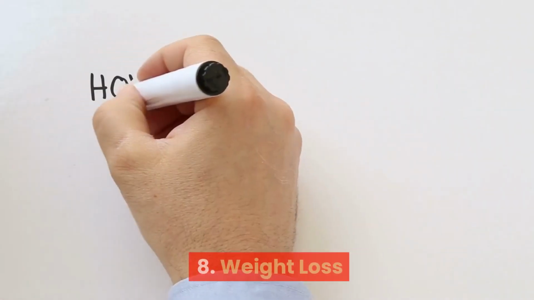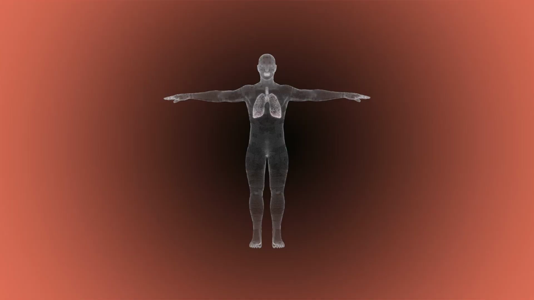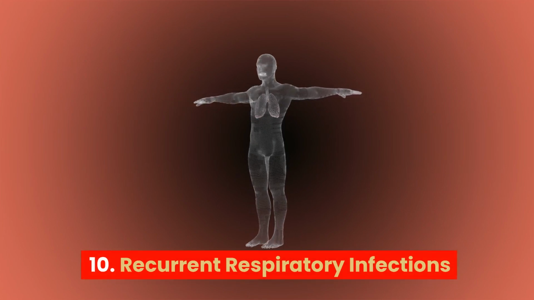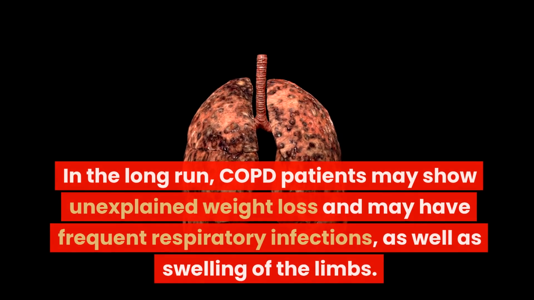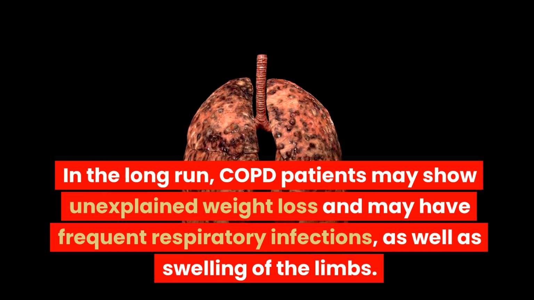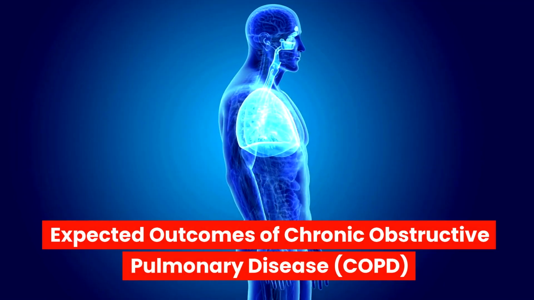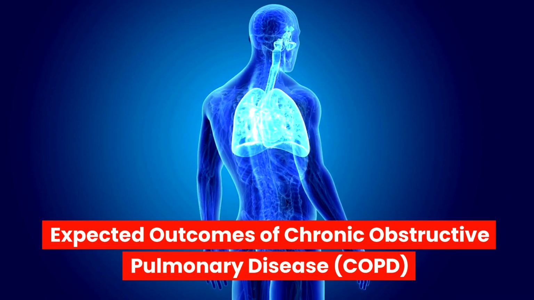Fatigue. 8. Weight loss. 9. Cyanosis. 10. Recurrent respiratory infections. In the long run, COPD patients may show unexplained weight loss and may have frequent respiratory infections, as well as swelling of the limbs.